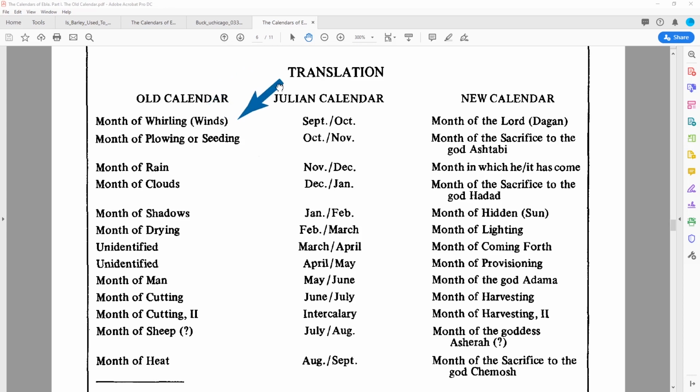Month of whirling winds, month of plowing or seeding, month of rain, month of clouds, month of shadows, month of drying, unidentified, month of man, month of cutting 2, intercalary, month of sheep, month of heat. Very interesting. Let's look at some of these.